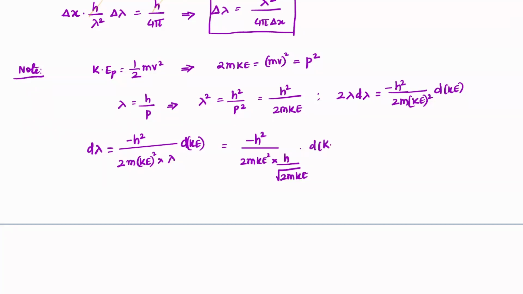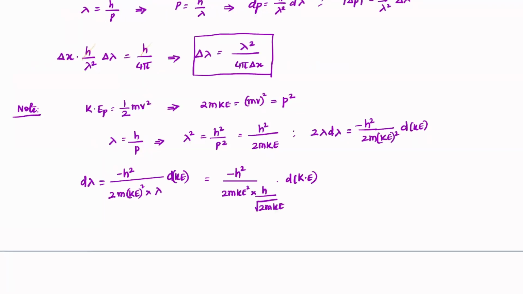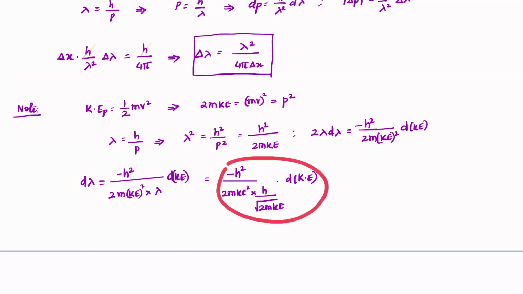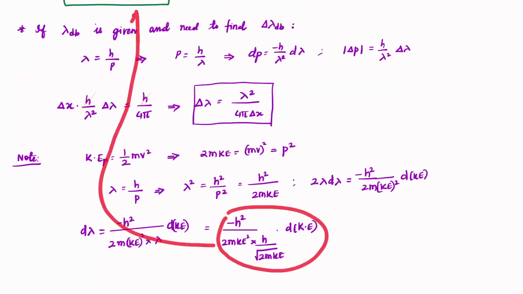So you can see in the same equations, when you want to get delta lambda in terms of kinetic energy uncertainty, just use this and substitute in this formula, or the earlier formula we derived.